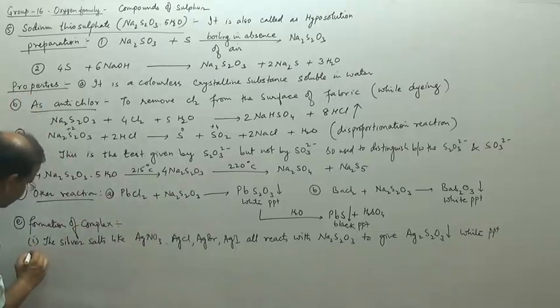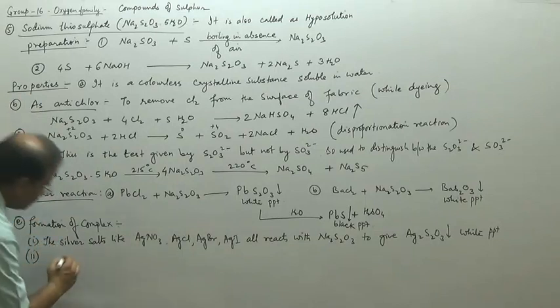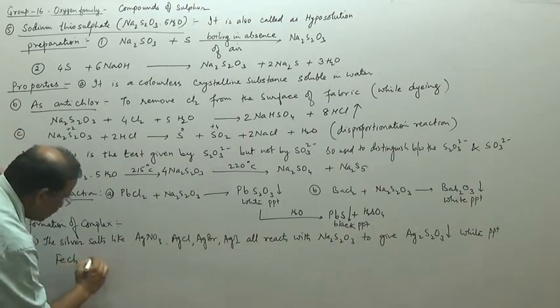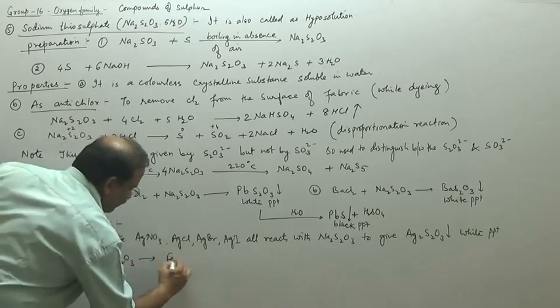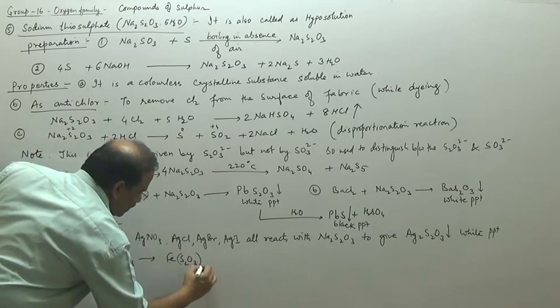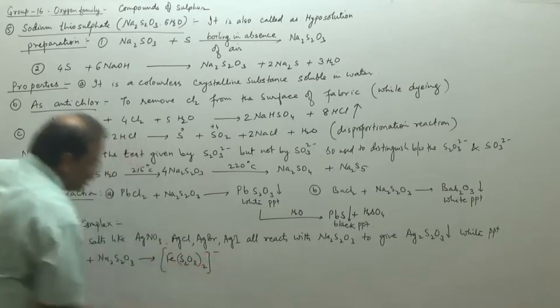Then I can write that FeCl3, when it reacts with Na2S2O3, I can get a complex like this, Fe(S2O3)2 with a negative charge. That is the complex form.